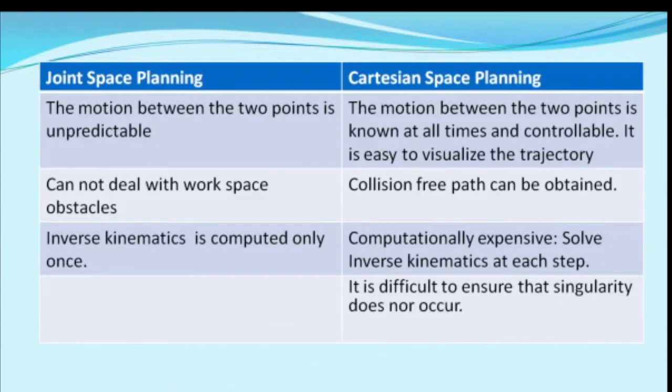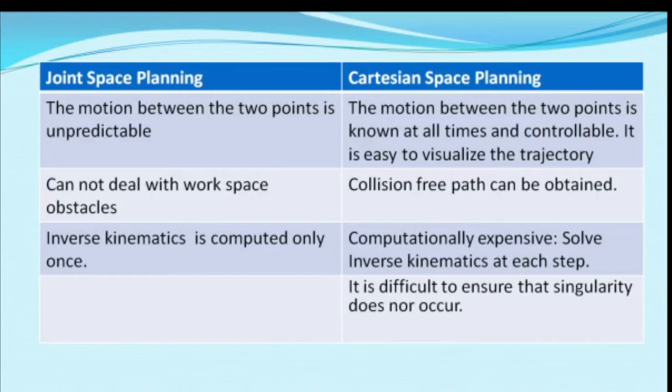Comparison between the two types. Joint space planning: when we decide the trajectory in terms of joint angle, then motion between two points is unpredictable. It can go through any path.